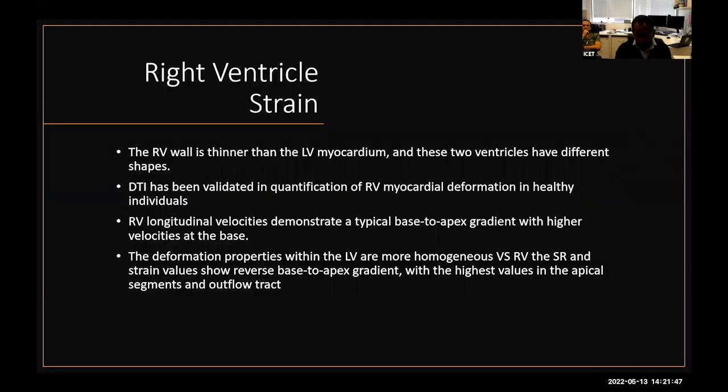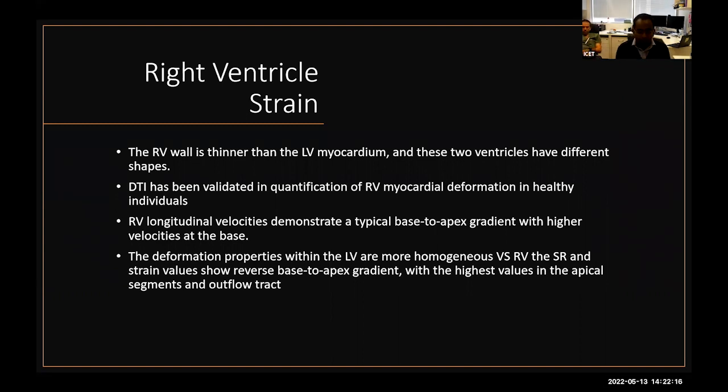Now, the right ventricle, when we look at strain in the right ventricle, it's a bit more difficult because it's thinner than the LV myocardium, and the 2 ventricles have different shapes; it's more of a triangular shape. Tissue Doppler imaging has been validated to quantify RV myocardial deformation in healthy individuals, and RV strain has only recently, in the last couple of years, been validated and used more often in routine practice.